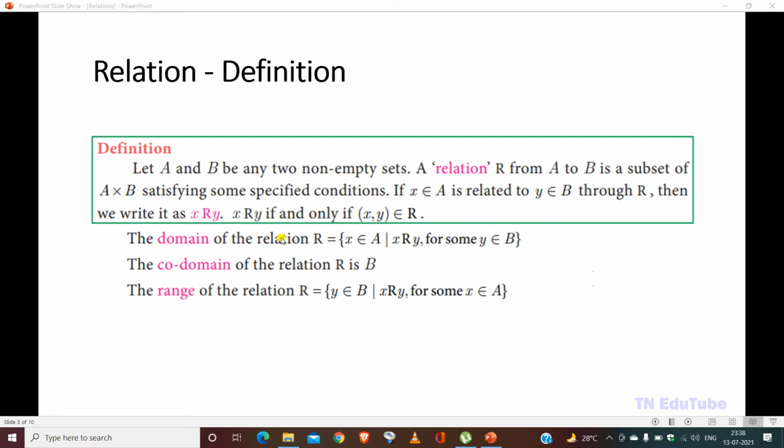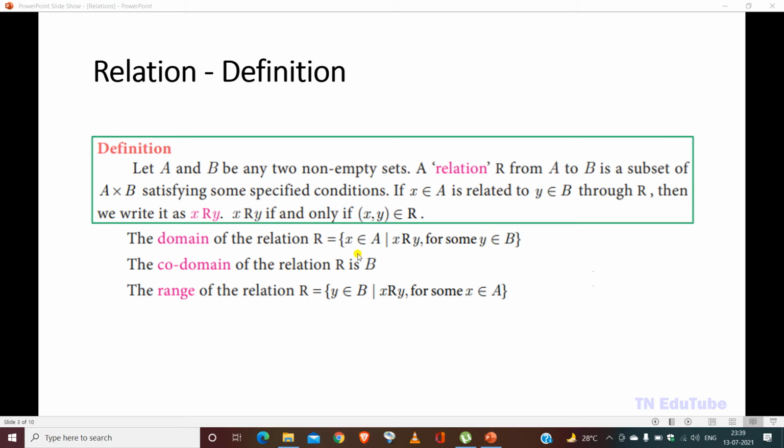Domain means the set of all elements of A which are related to elements of B, y belongs to B. That set is called the domain. The domain of a relation R is equal to the set of x belongs to A such that x is related to y for some y belongs to B. Codomain of R is the B set, the second set.